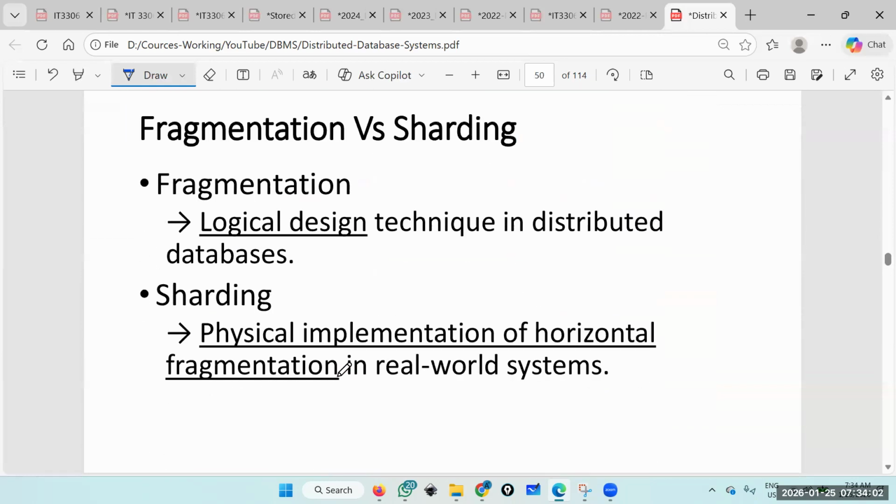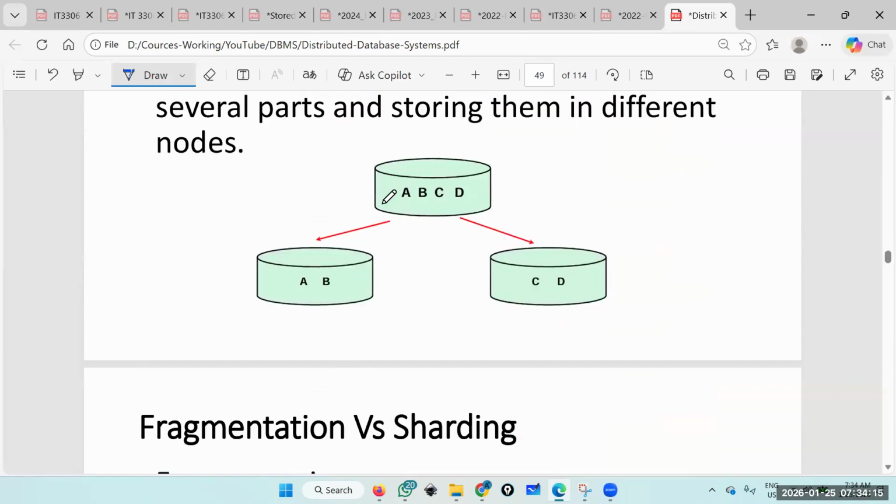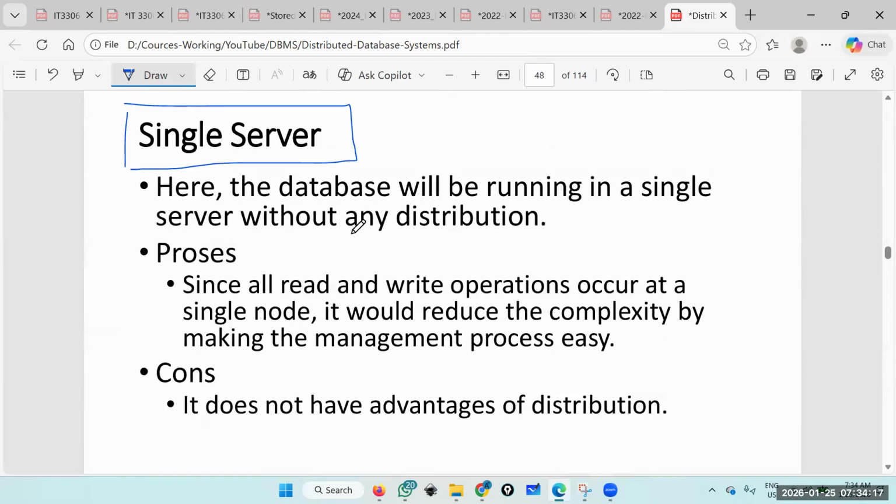Someone asks: is sharding fragmentation plus replication? Not replication, right? It's more related to fragmentation, because you distribute.